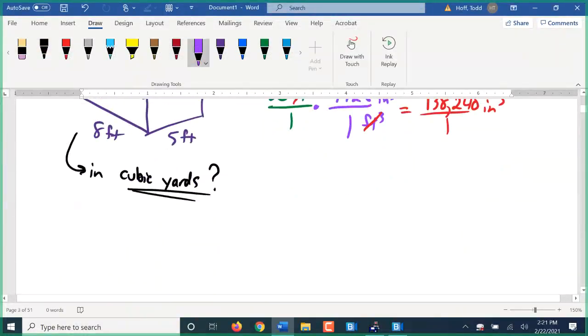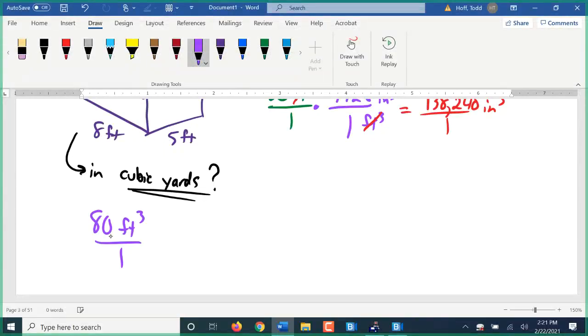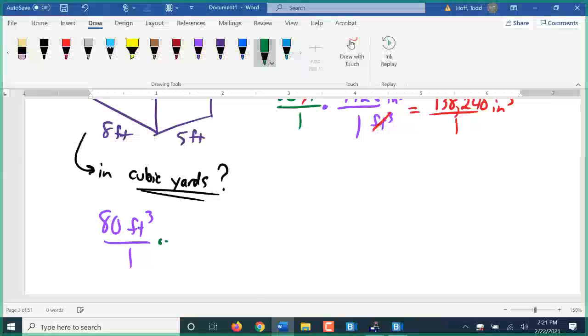Well, this was 80 cubic feet. I want to convert it. I'm getting rid of the cubic feet, so they're going to go on bottom. Going to cubic yards. Now the yard is the larger unit, so the 1 is going to go with the yard. We know that 1 yard equals 3 feet.